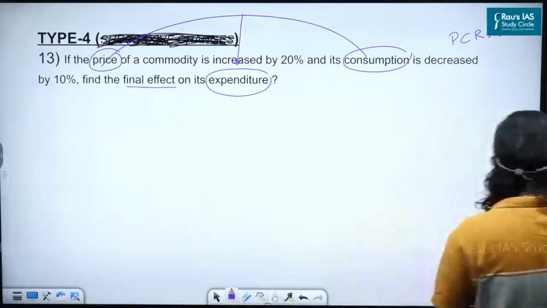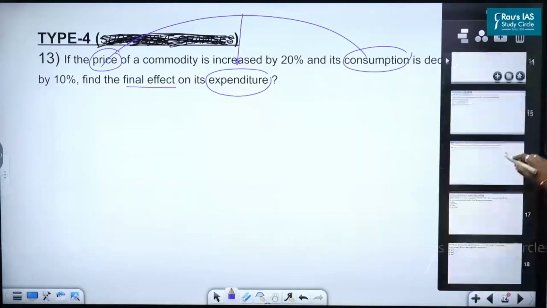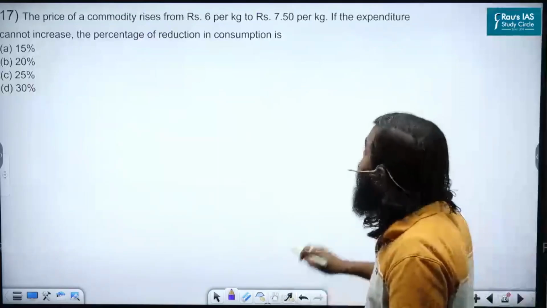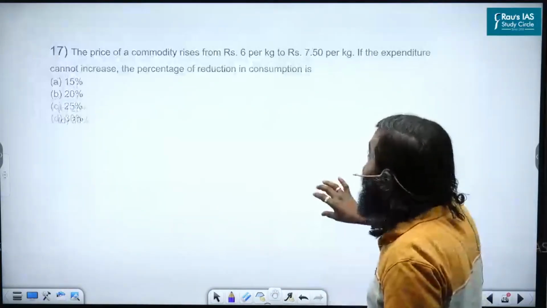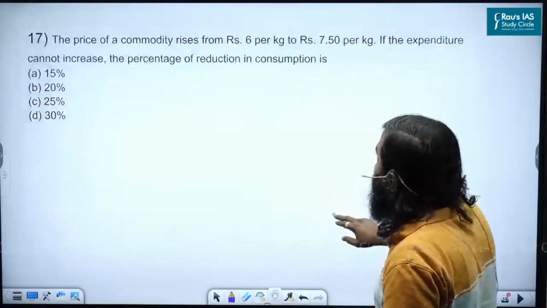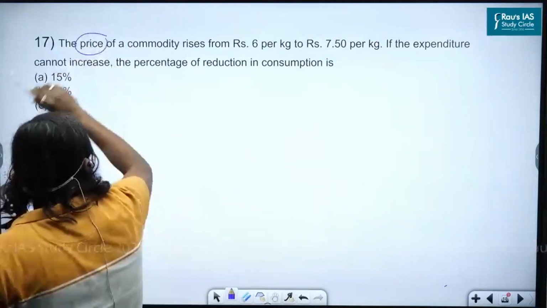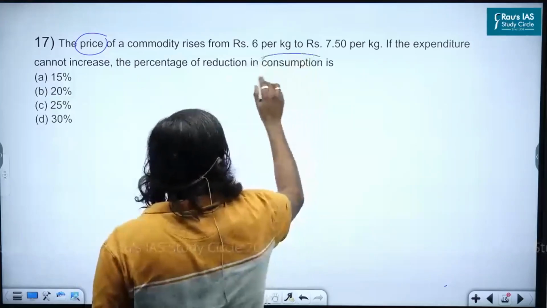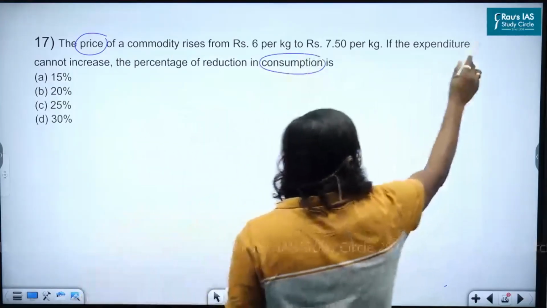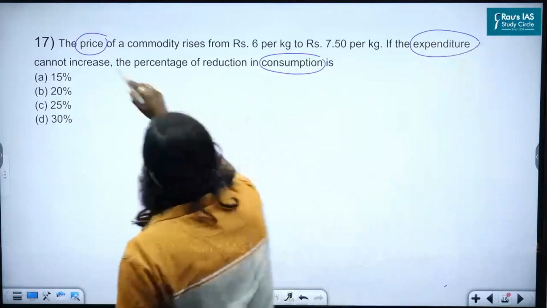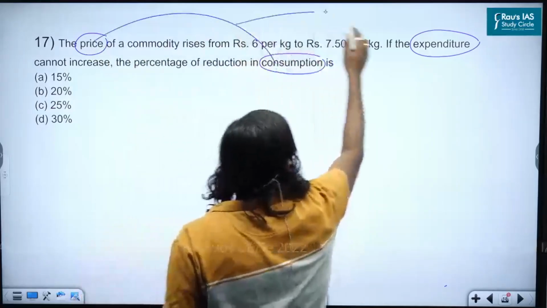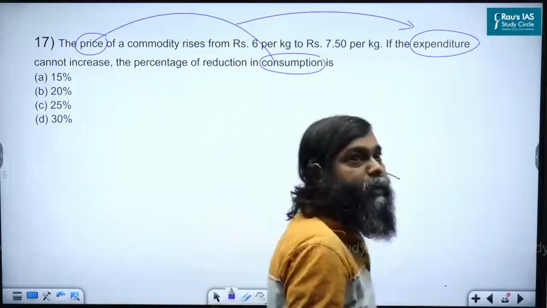Next, listen carefully. What are we discussing in this question? We are discussing price. We are discussing consumption. We are discussing expenditure. Using price and consumption, I am able to derive the expenditure by multiplying.